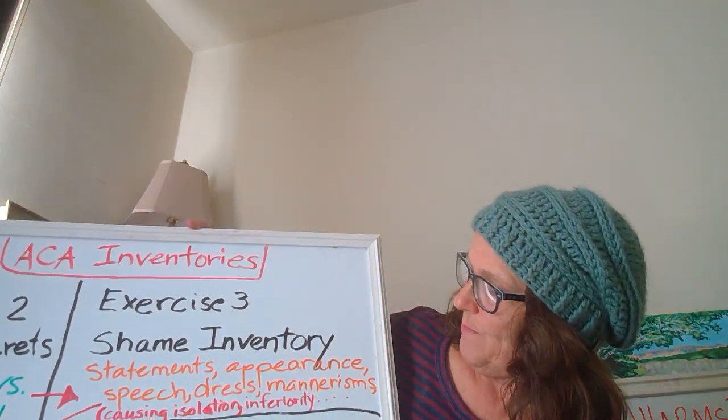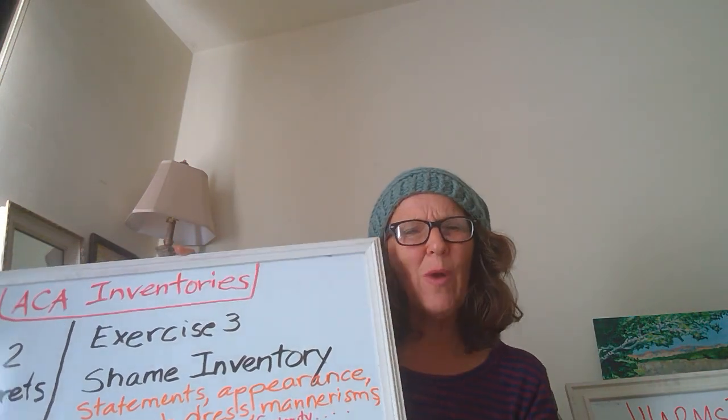Your mannerisms, like why do you always bite your tongue when you're thinking about something, or why are you always squinting like that? Aren't you wearing your contacts? Or it can be little insignificant things, but they can be things that we really carry throughout our lives, things we begin to believe about ourselves. You're clumsy, you're stupid, you're not as pretty as so-and-so, you're not as smart as so-and-so.